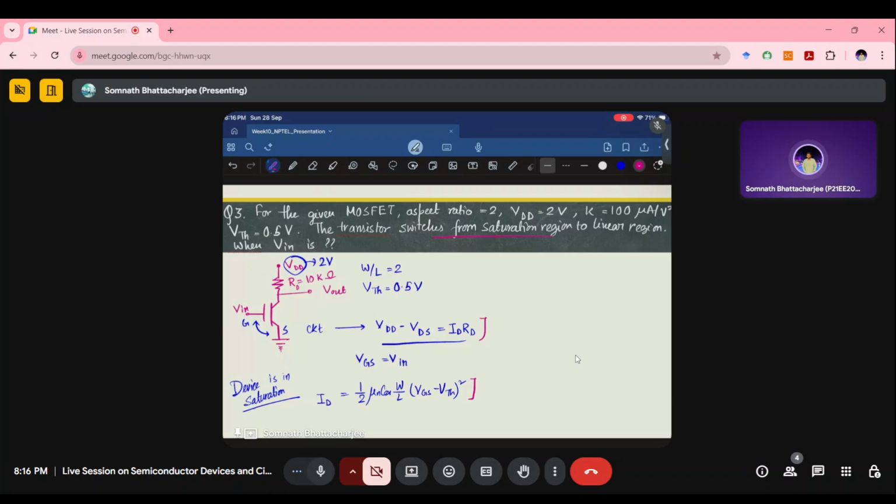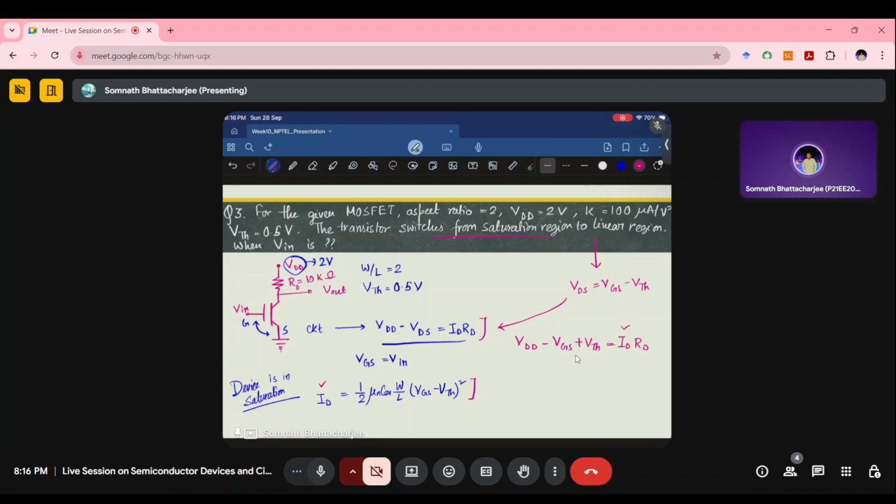So for this condition to be satisfied, VDS should be equal to VGS minus VTH. So if we directly put here, it will be VDD minus (VGS minus VTH) equals ID into RD. Now ID is the unknown term here, and ID is also the unknown term in the other equation.